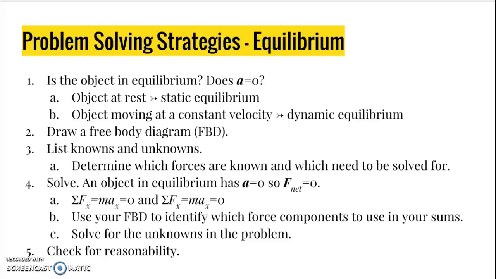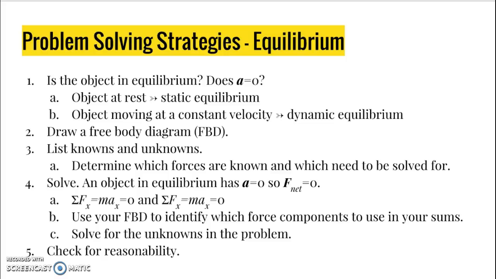Step 4 is to solve the problem. What's really helpful in an equilibrium situation is that our net force is zero, so we can apply the fact that the sum of our forces in both the x and y direction is equal to zero. I apologize, I have a typo here. It should read with a subscript of y. Now we can use our free body diagram to identify what forces and components are used in our sums.